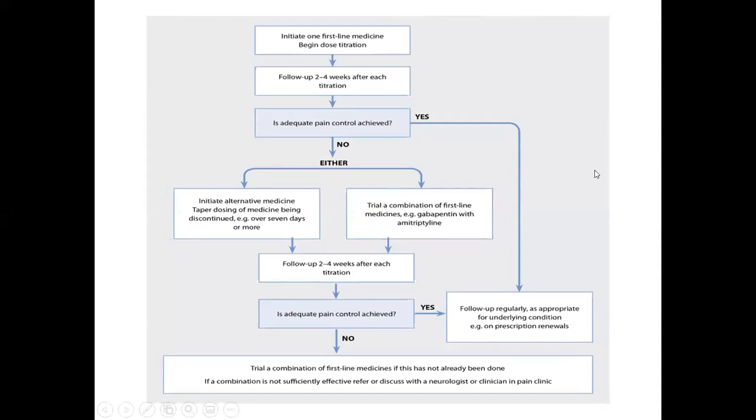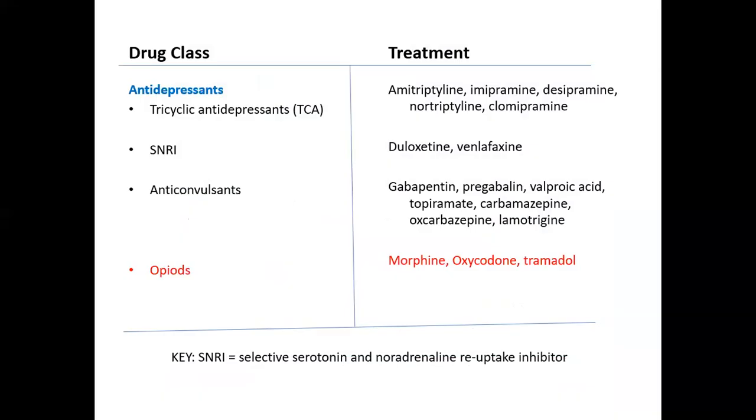You cannot combine two first-line drugs within the same class. Then you have opioids, because opioids also have some effect on neuropathic pain, especially tramadol, because of its N-methyl-D-aspartate effect. But we also realize that oxycodone has some effect on neuropathic pain, and also morphine. That is relevant, but it's not the first line for management of any of the neuropathic pain.